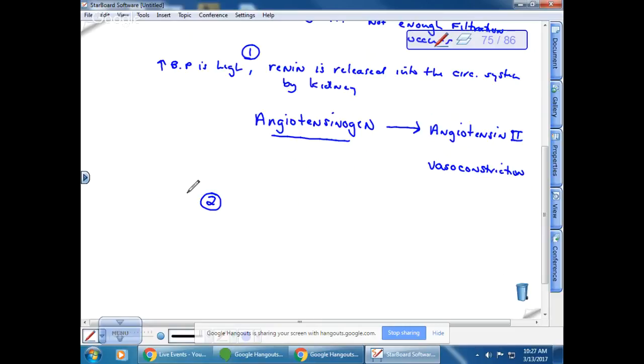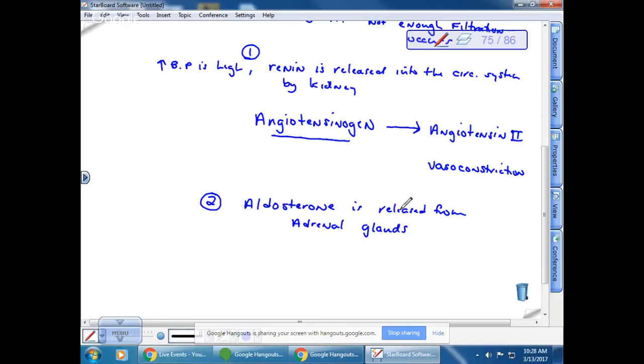The presence of angiotensinogen causes another hormone to be released, and this is actually a hormone that's produced by the adrenal glands called aldosterone. So I'll put aldosterone is released from adrenal glands. It's actually a different part of the adrenal gland than the norepinephrine and the epinephrine, right?